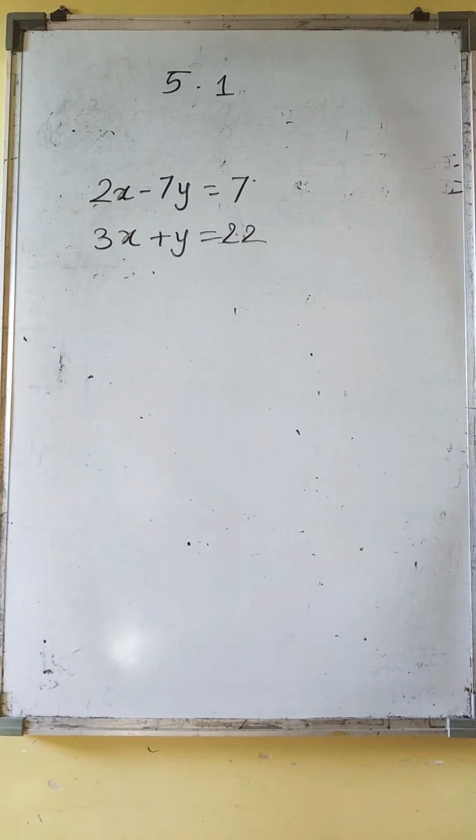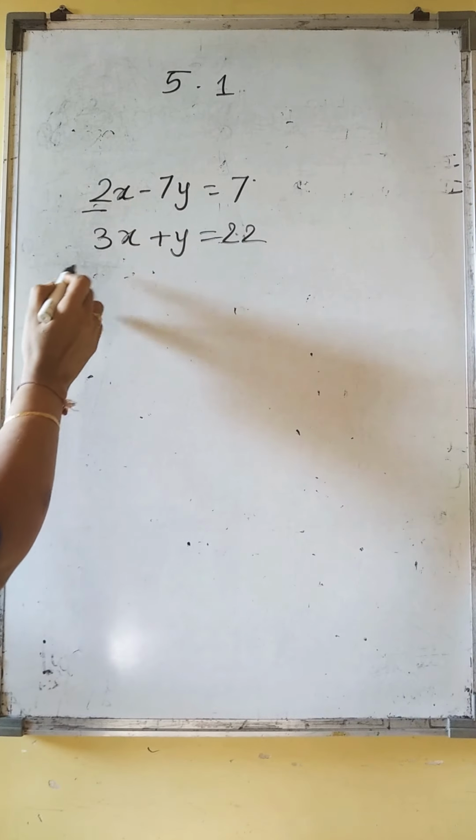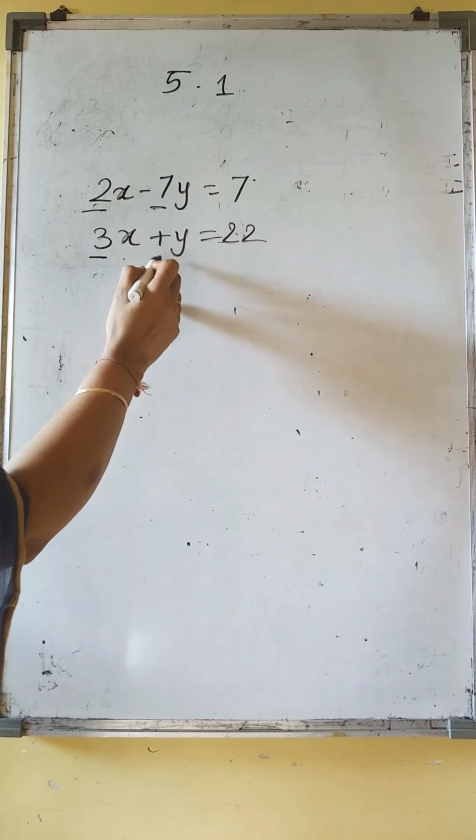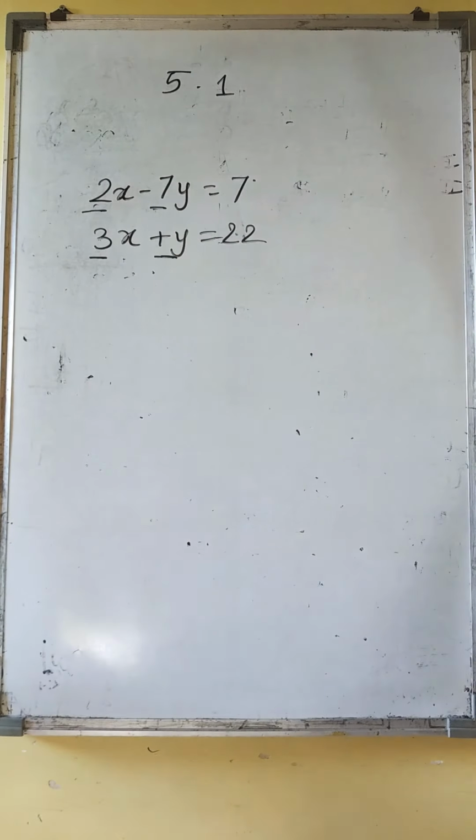Now see, is something we can take common? No, you can't, right? So this is as it is. Now you observe, here I am having 2, here I am having 3, here I have -7 and here we have 1.